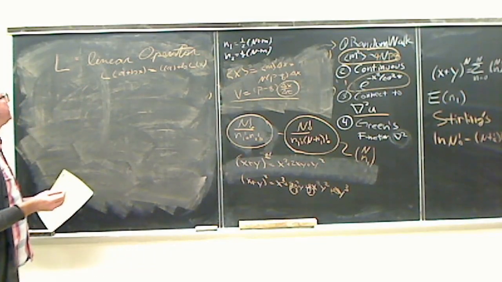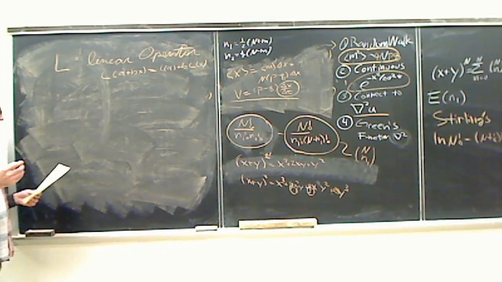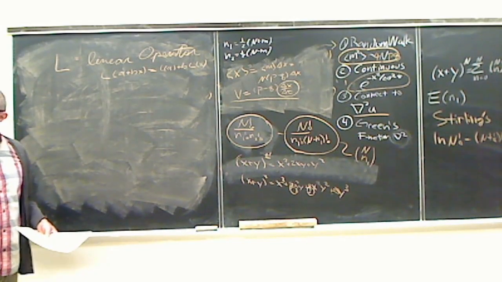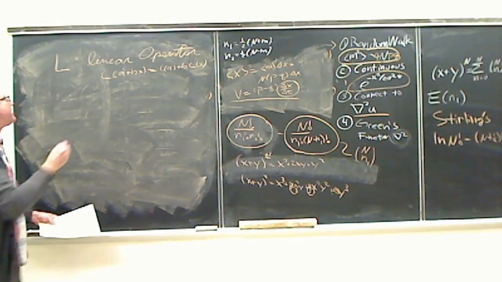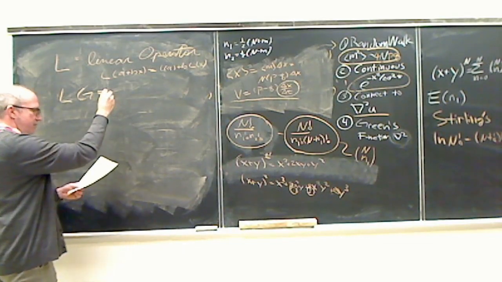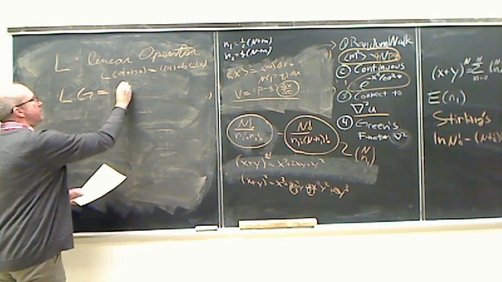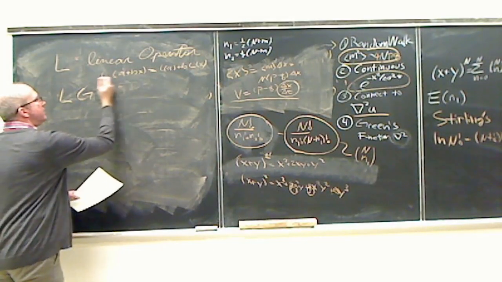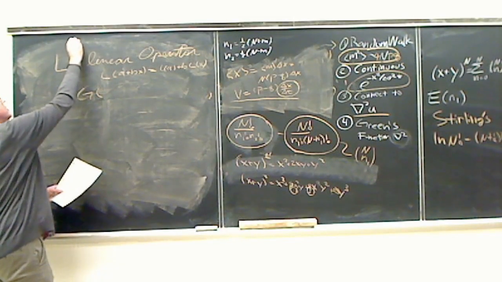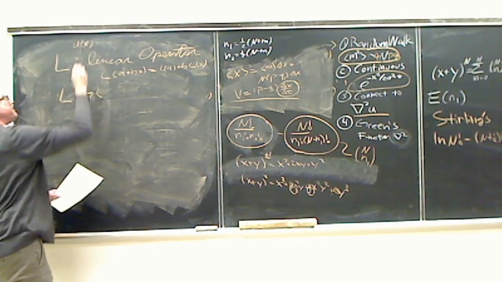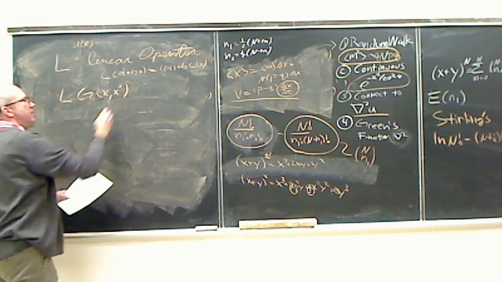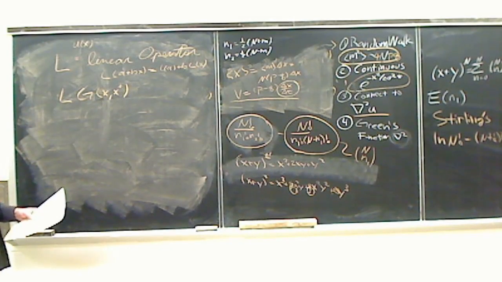So the Green's function is the thing that gives you a delta function. If I say my operator times my Green's function, this gives me some delta. The operator acts on functions of x. The Green's function is a function of two variables, x and x prime.